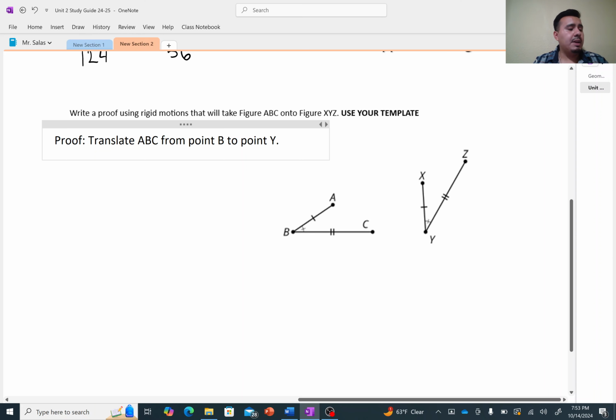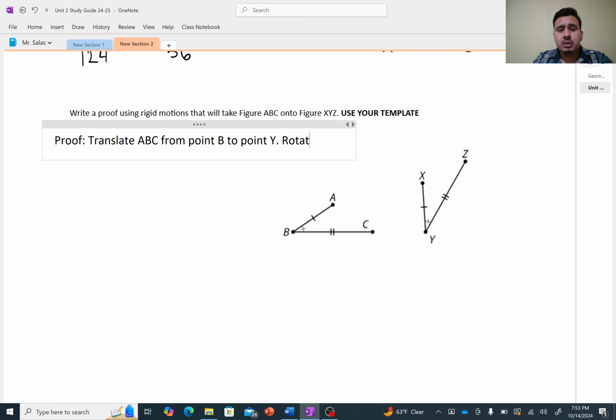The next step is I want to make sure that at least one of my segments is lined up. If I want to line up one of my segments, I'll just rotate my figure. So I'll say rotate ABC using point Y as the center.